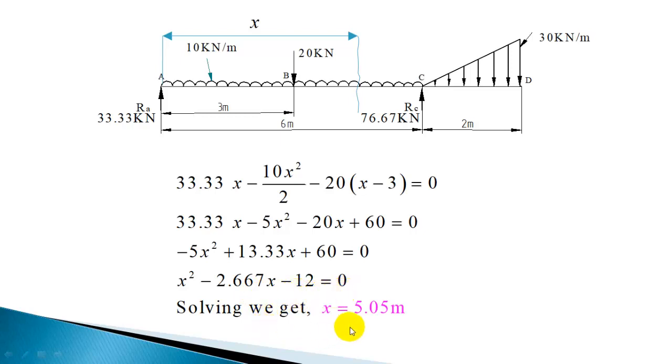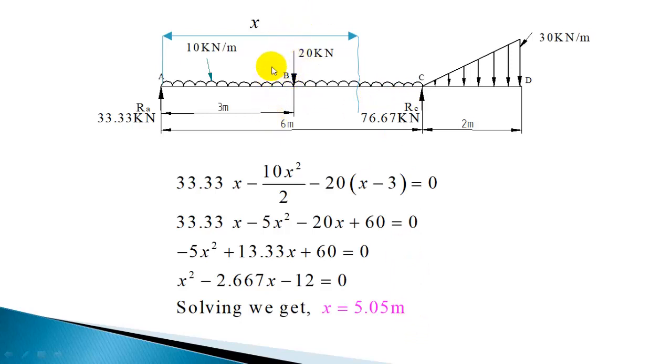Solving this, you will get x as 5.05 meter. Since it is a quadratic equation, you will get one more value which is negative in this case, or the values which are irrelevant or not coming in this section can be neglected.